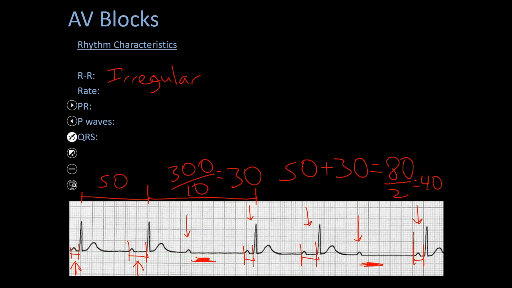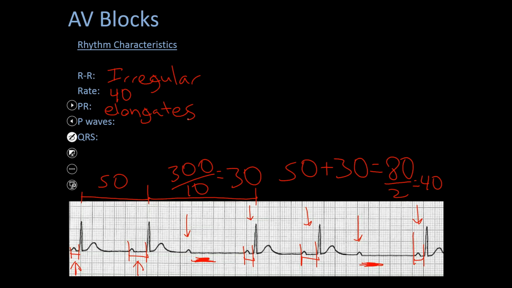So let's see, we determined the rate is approximately 40. The PR is elongating. And the P waves are upright, rounded.